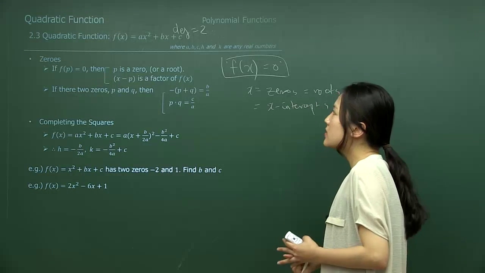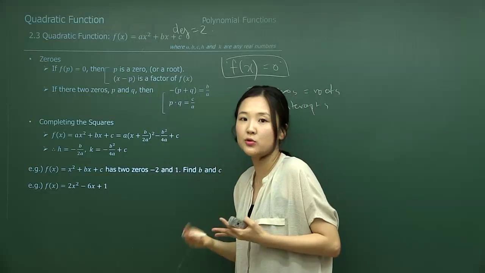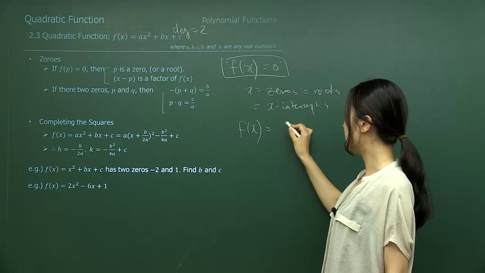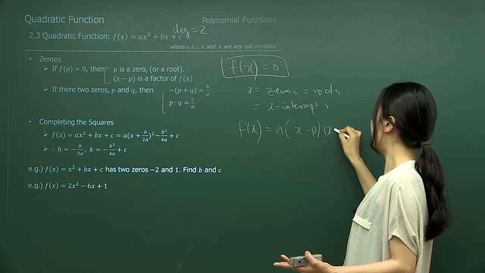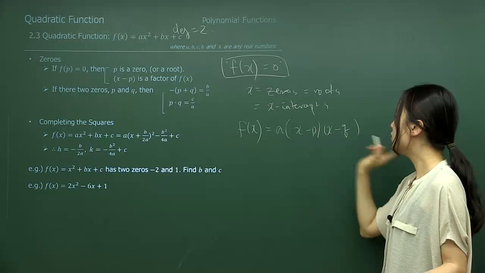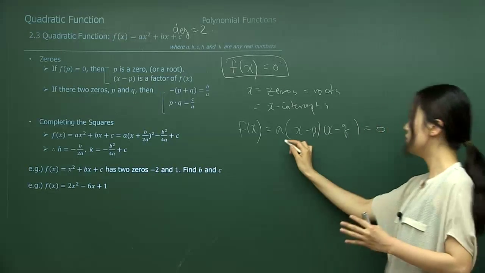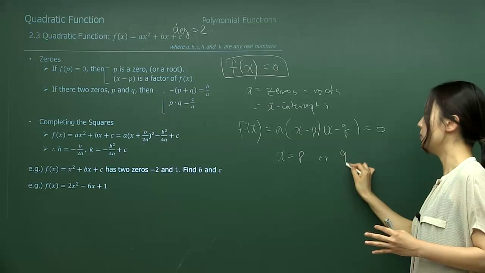So if you consider factorizing this in order to get the zeros, when you factorize a function, say you will get (x − p)(x − q). You will get two factors, at most. And you will then let this equal 0. Hence, you understand how x has to be equal to p or q, right?